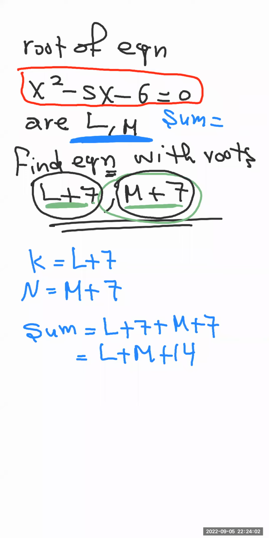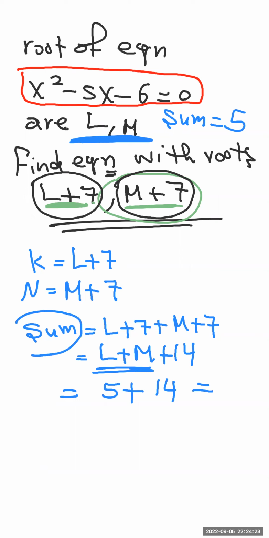Negative b over a, which means 5. So L plus M equals 5, plus this 14. So the sum of the new roots will equal 19. I just replaced L plus M by this 5.